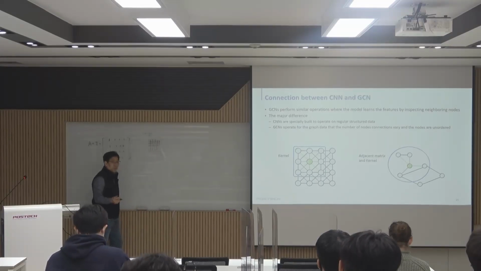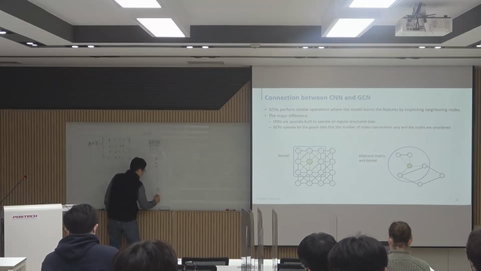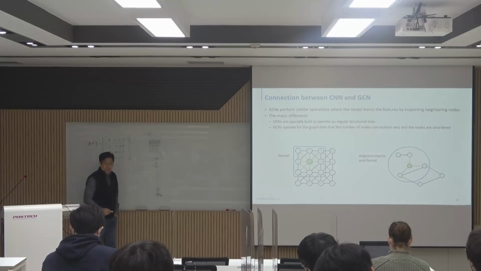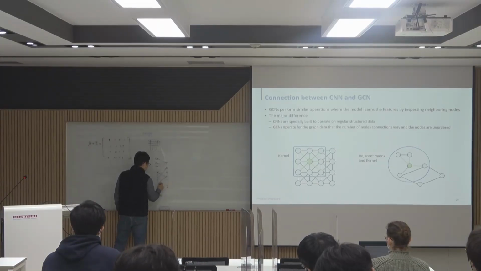The first thing that we need is to flatten this and feed it into the ANN. That's the input, and we add hidden layers. We have connections, all of them.